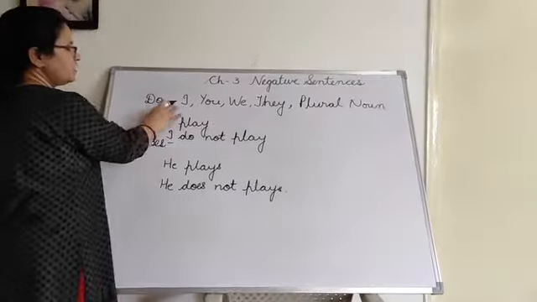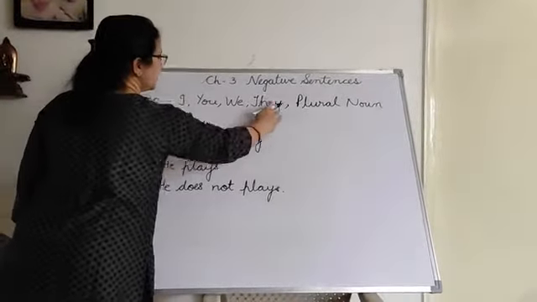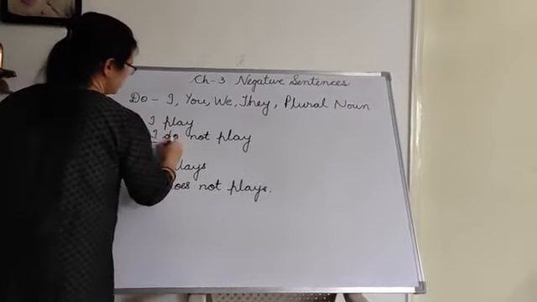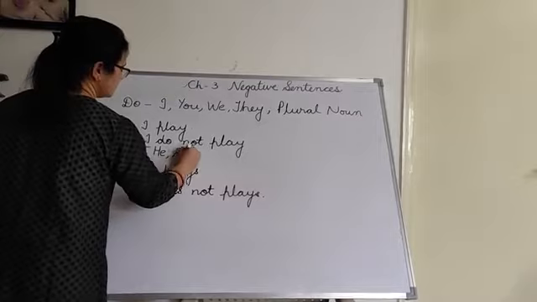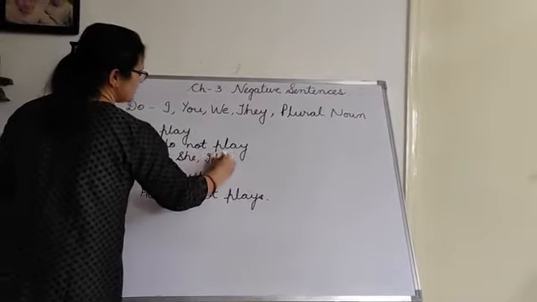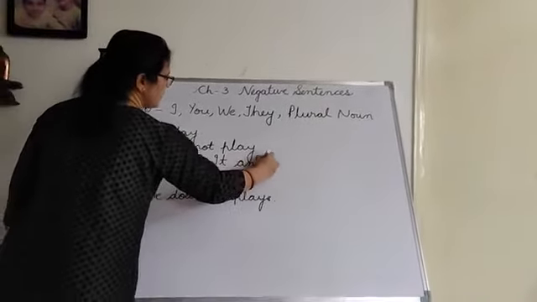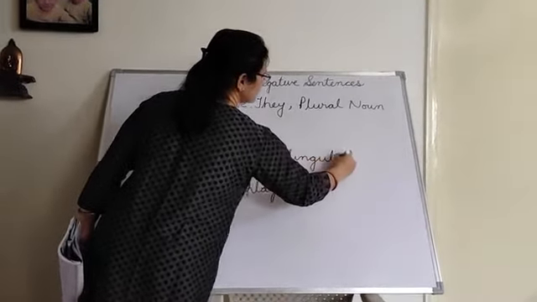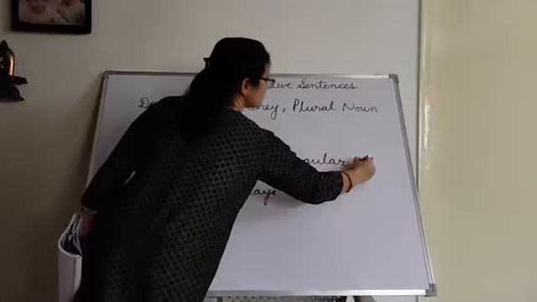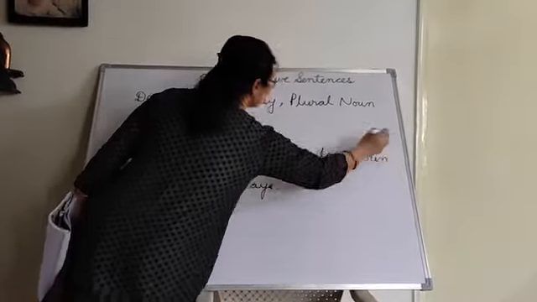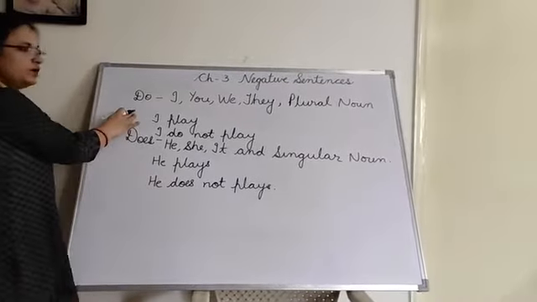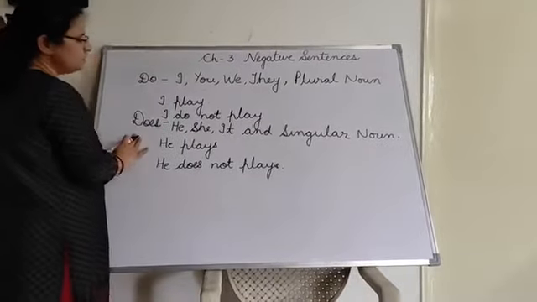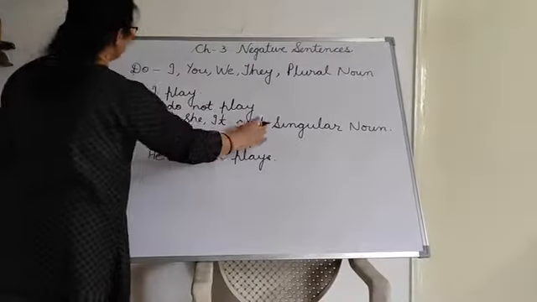You will use do with I, you, we, they and plural nouns. And you will use does with he, she, it and singular nouns. Okay children, so do you will use with I, you, we, they and plural nouns. And does you will use with he, she, it and singular nouns.